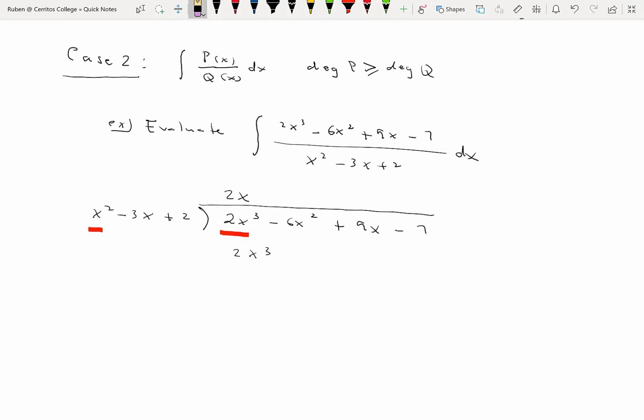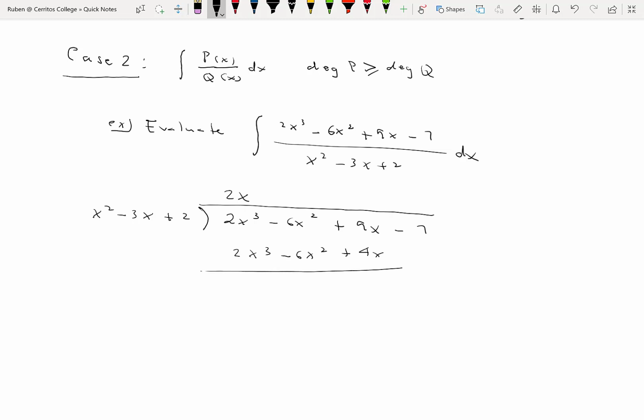The next step is to take that 2x that I put on the top bar and multiply it by the remaining terms in the denominator. So x squared times 2x is 2x cubed, negative 3 times 2x is minus 6x squared, and 2 times 2x is 4x.